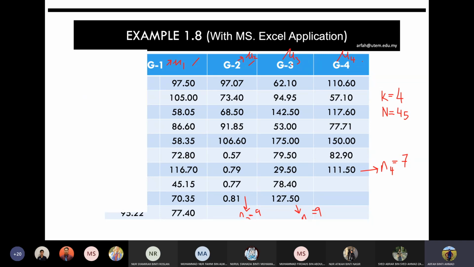So dapatkan dia punya, nanti kita nak tengok macam mana nak analisis this type of data. Semua buka Excel. Nanti saya nak tengok one by one. Share screen. Key in the data. Masukkan ada group 1, group 2, group 3 dan juga group 4.